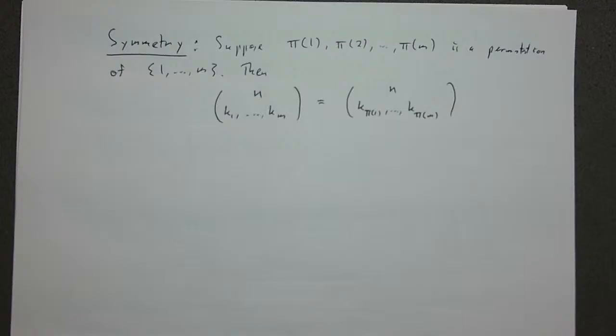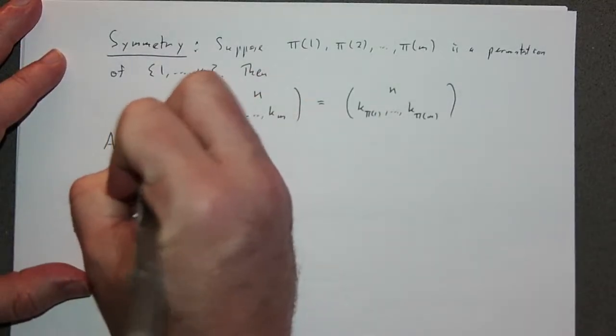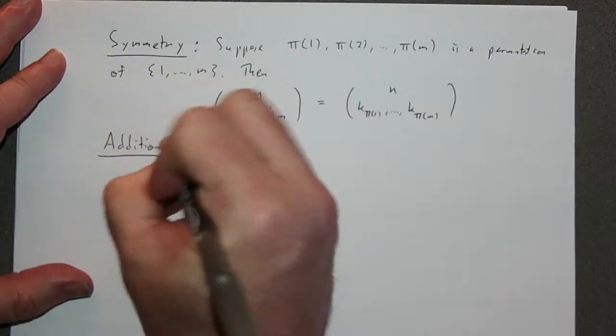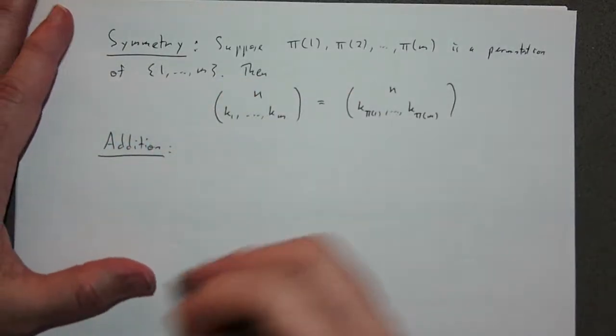Okay, well, what about our addition rule? We had an addition rule for binomial coefficients. What about for multinomial coefficients?